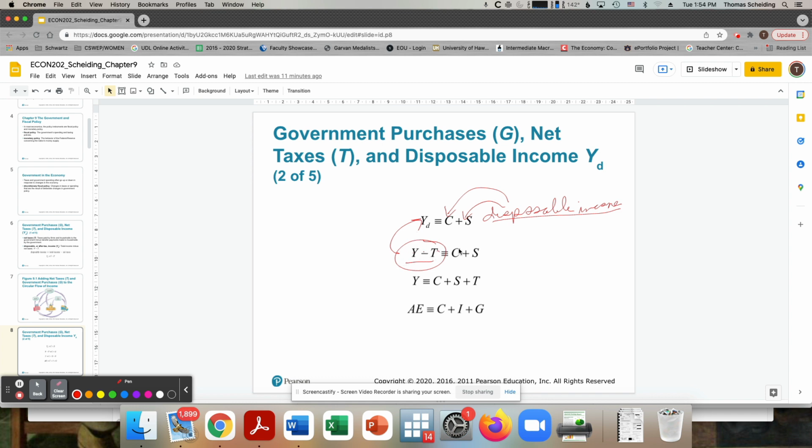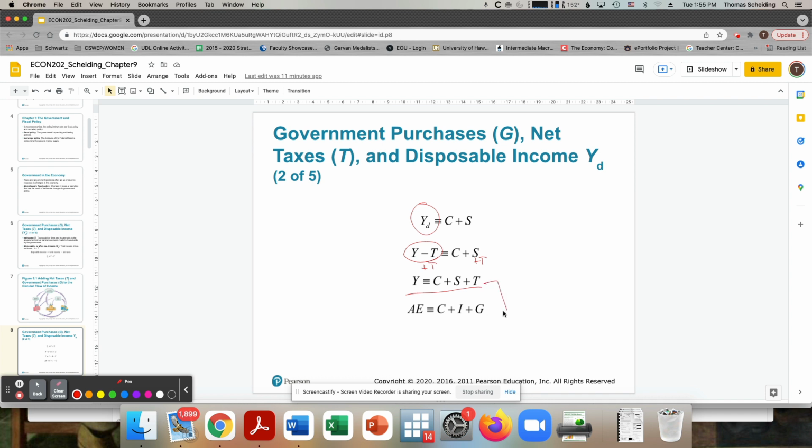Given the way that this formula is made, let's erase this little part here. Okay. If disposable income is the same as this, let's substitute the two, and then add T to each side, which then gets us this.